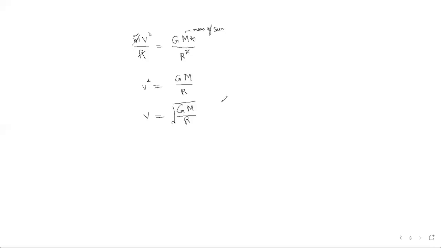For example, if we want to find the velocity of the moon, then in that case this mass will be the mass of Earth, and this will be the distance between Earth and Moon. And because G is always constant, this is a universal constant, equal to 6.67 into 10 raised to power minus 11 Newton meter square per kilogram square.